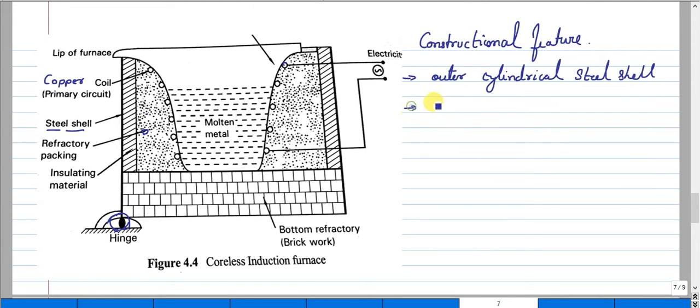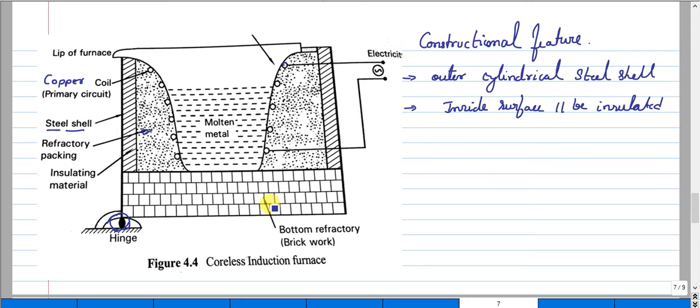And the inside surface will be insulated. We are using mica or asbestos to insulate the inside surface, and you can see the refractory packing.